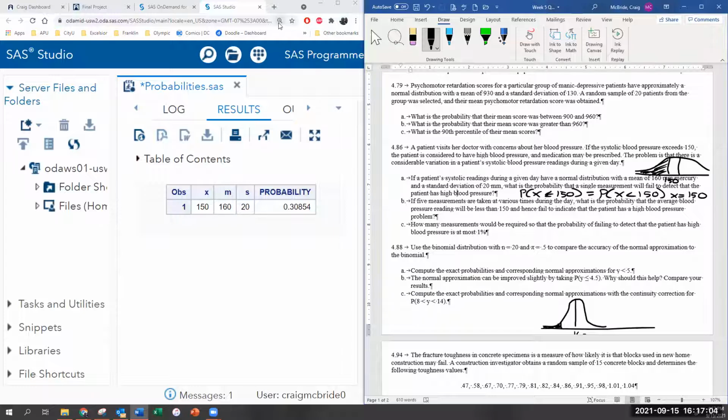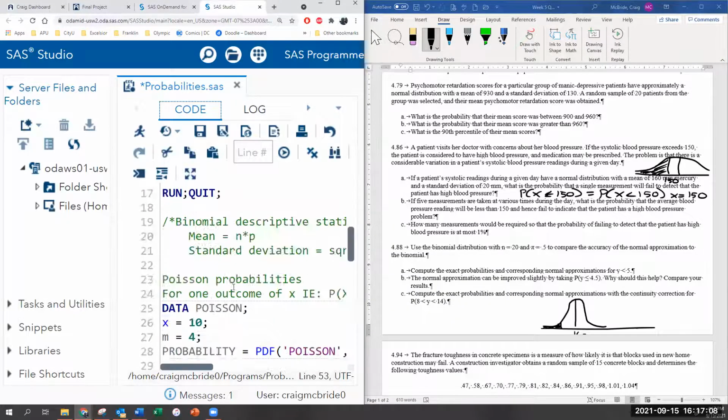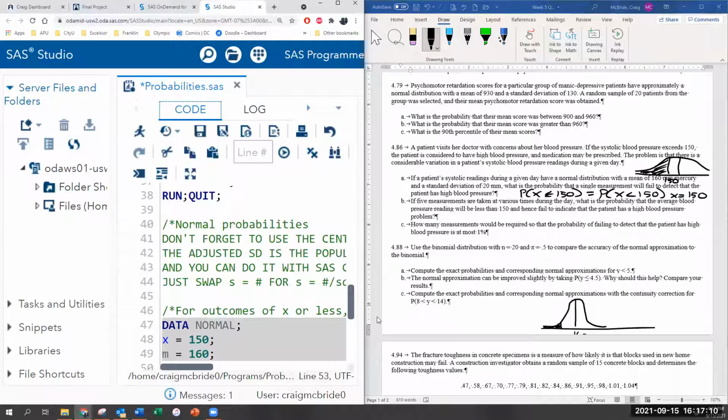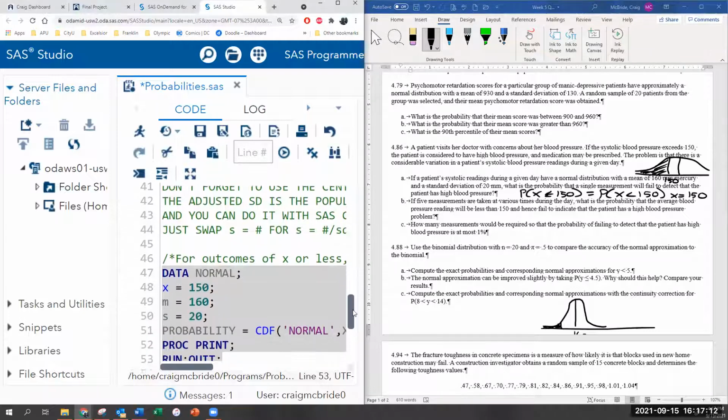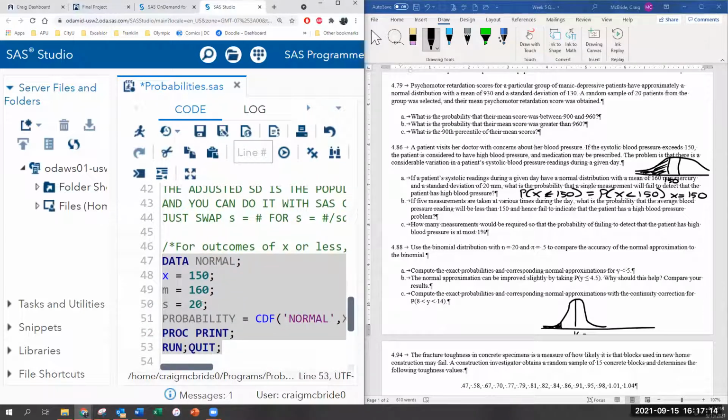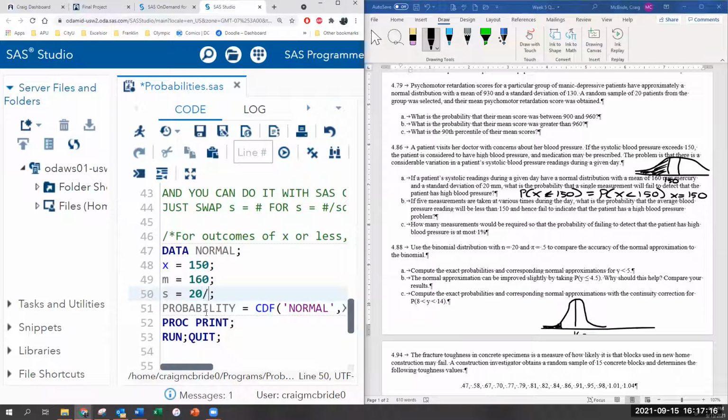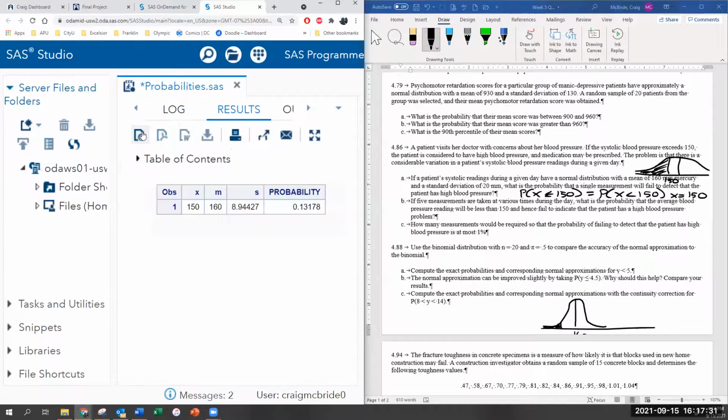So if we go back to our code, instead of having a standard deviation of 20, we divide that by the square root of 5 and run this code. Instead of being 31% that it could be less than 150, look what happens.